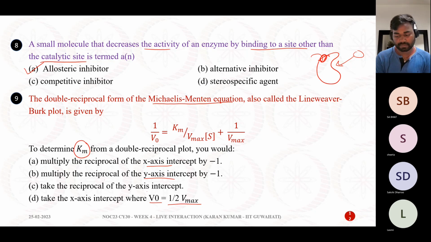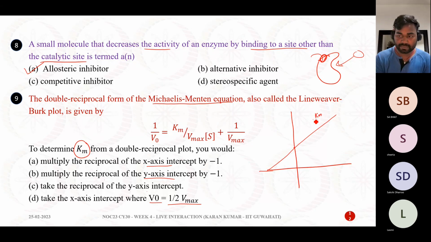Any idea? I will also give you the plot. Your y-intercept is 1 by Vmax. Your slope is Km by Vmax. This is 1 by Vmax, and on the y-axis you have 1 by V0, on the x-axis you have 1 by S. So how will you get the Km value from this plot?